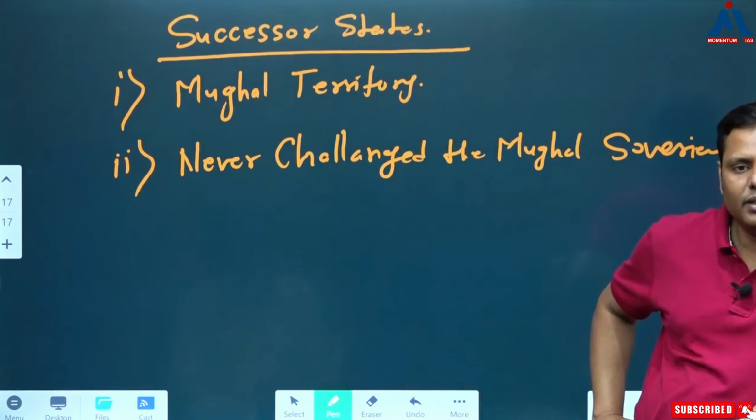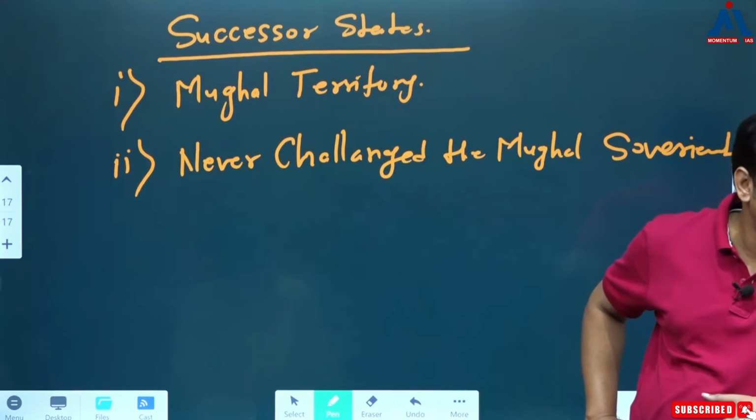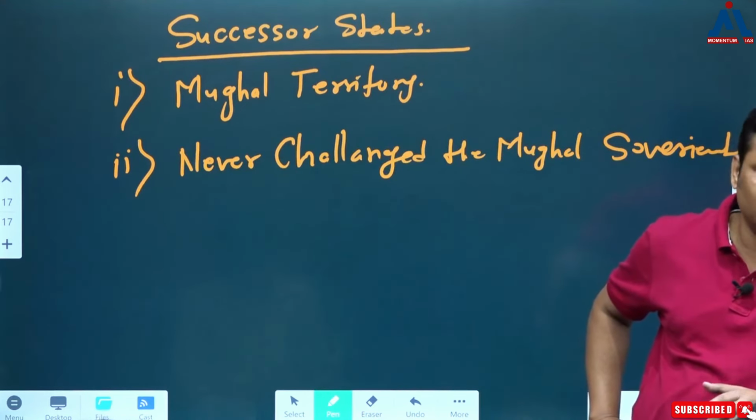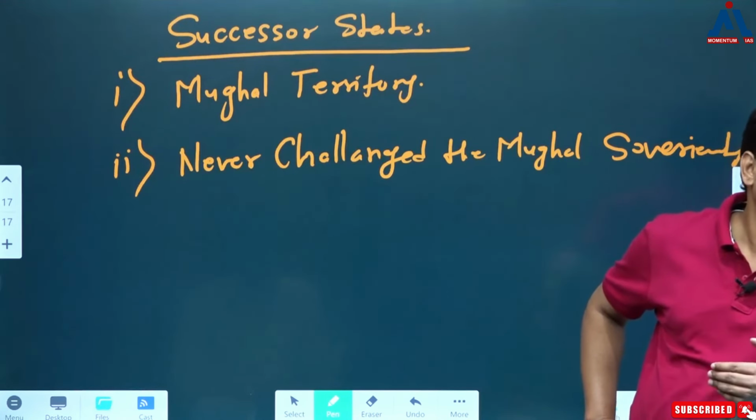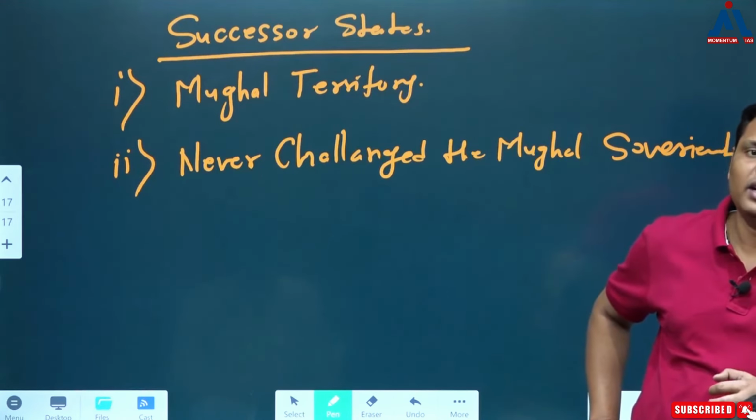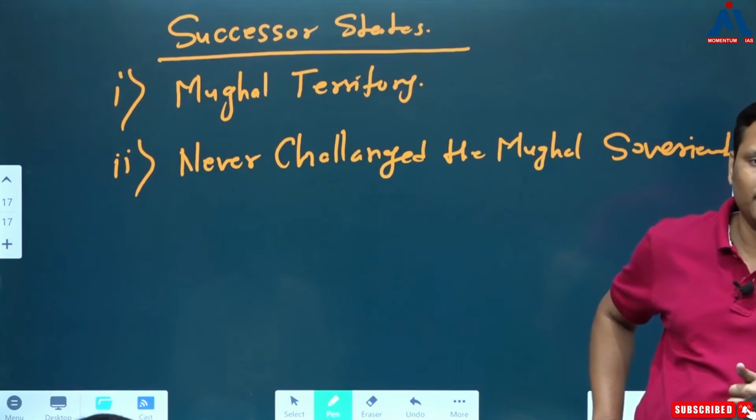Now what is the meaning of this? They still continued calling the Mughals the Badshah, and they used to call themselves Nawab. So they never claimed that legitimacy, that sovereignty, that we can literally call them sovereign powers.